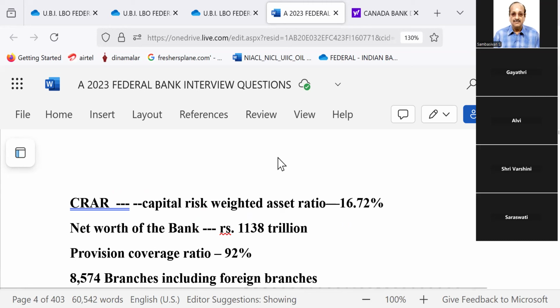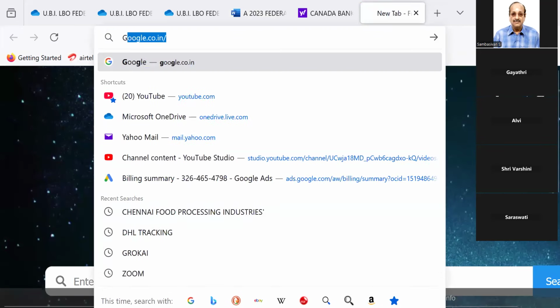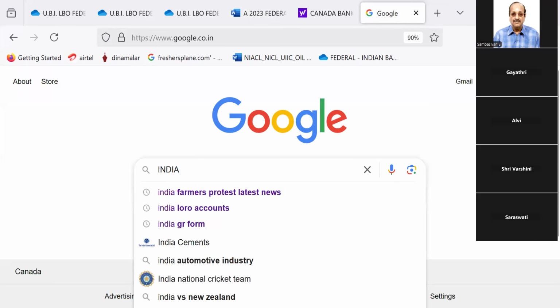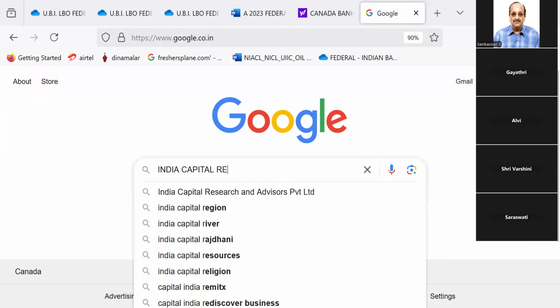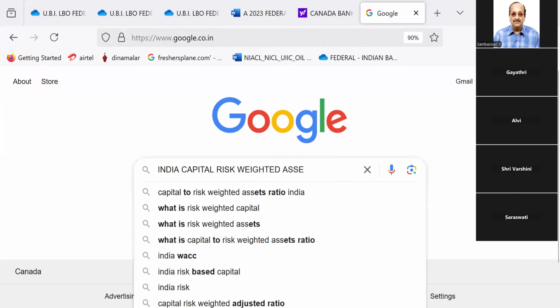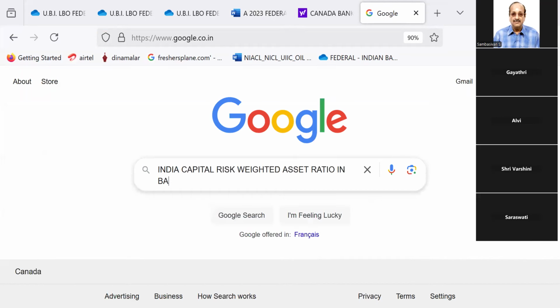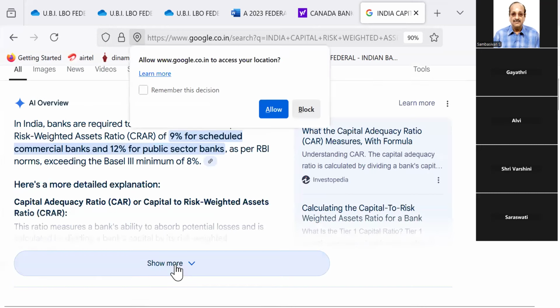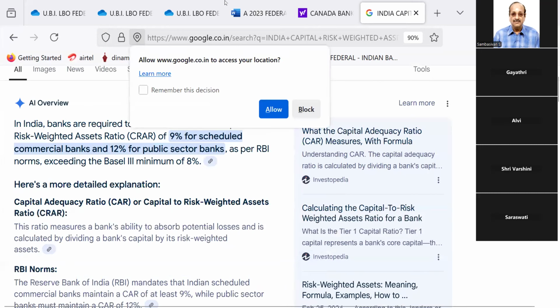Varshini, could you understand CRAR now? Yes, sir. Technically speaking, if you want a definition, we can go here: India capital risk weighted asset ratio in banks. Are you seeing it online?